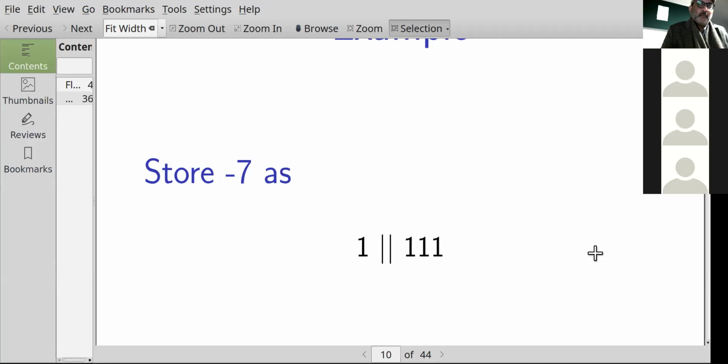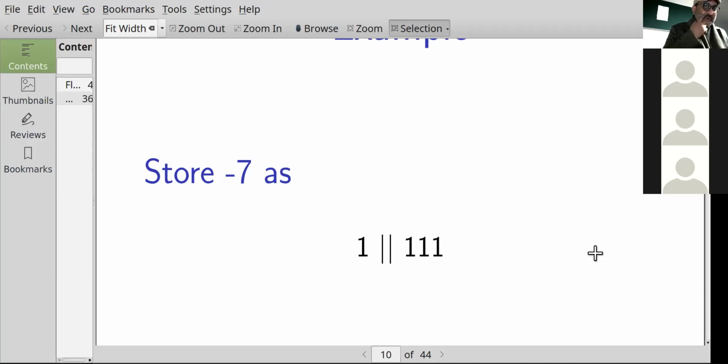Let's agree that a 1 in the sign bit means that what follows is a negative number, and a 0 in the sign bit means that the number that follows is positive.